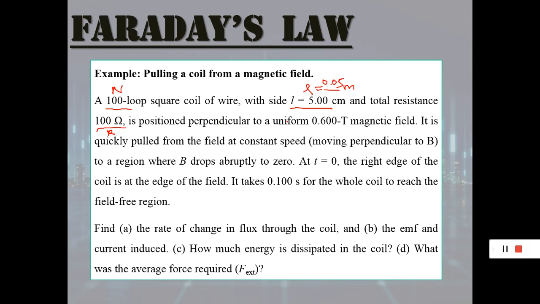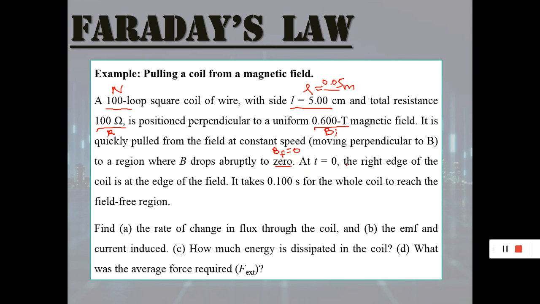It is positioned perpendicular to a uniform 0.6 Tesla. So this is the B, the magnetic field, 0.6 Tesla. It is quickly pulled from the field at constant speed, moving perpendicular to B, to a region where B drops abruptly to 0. So this is the B initial, 0.6, and B final equals 0.